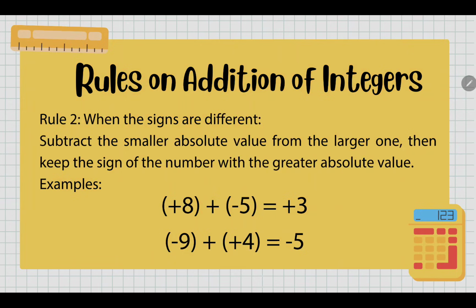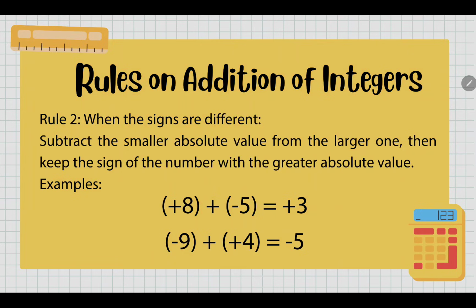So the answer should be positive 3. Now if we go on to the next equation, it's -9 plus 4. As you can see here, the signs are different, and the greater absolute value is 9. The sign that comes with it is negative. So what we do here is subtract 4 from 9 to get the answer, which is 5.